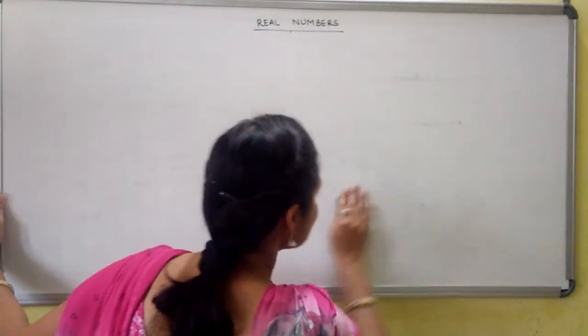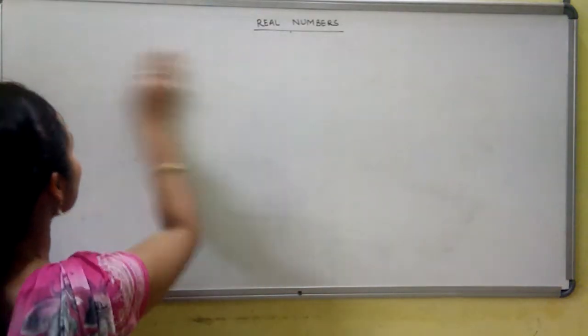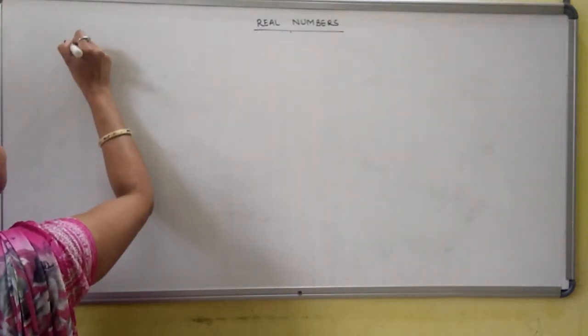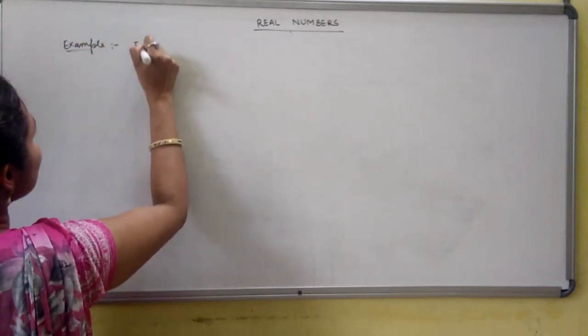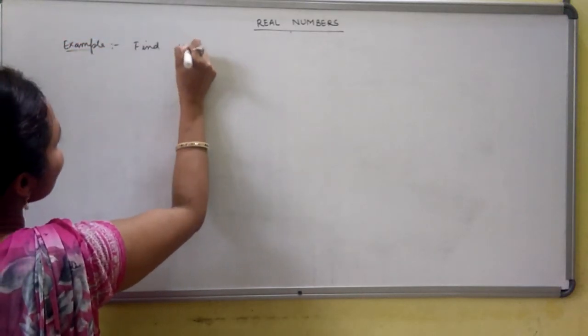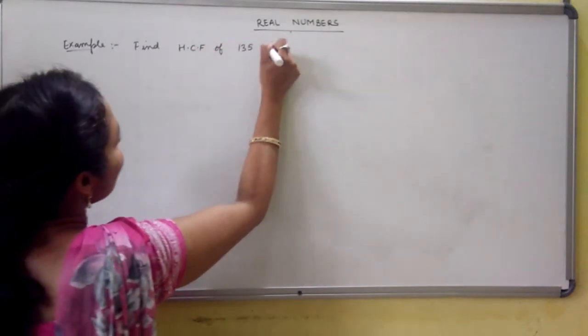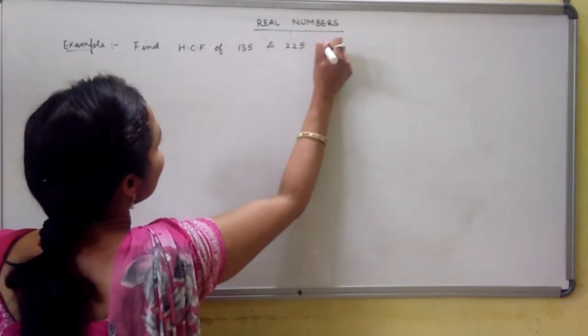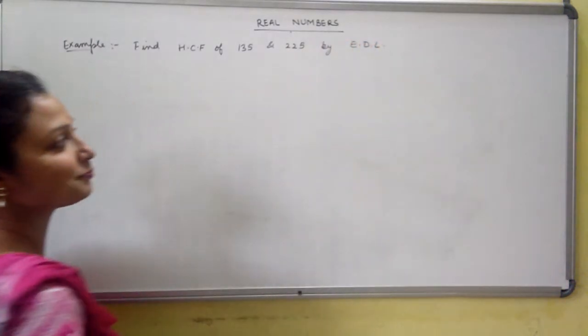The question, that is an example: find the HCF of 135 and 225 by Euclid's division lemma.